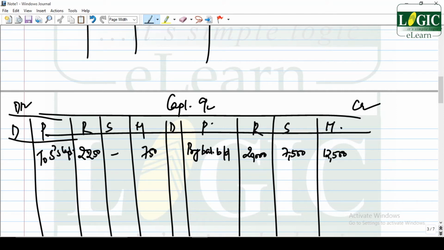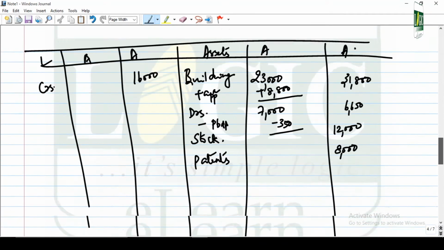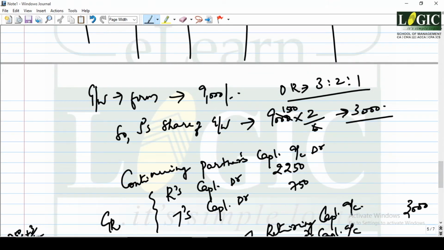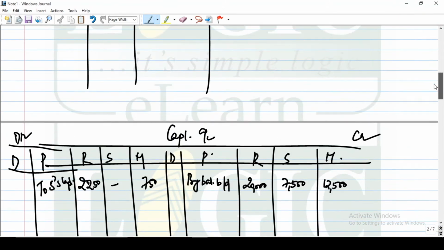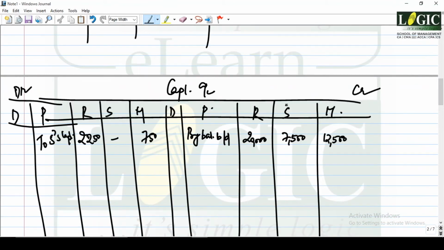Okay, now credited to whom? Credited to S. So what is to be done? Come to the credit side of S. This is the credit side of S. In your capital account you cannot write your name, so what will you do? By R's capital, how much? 2250.